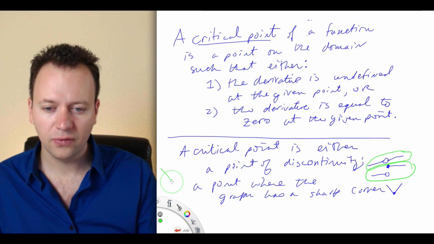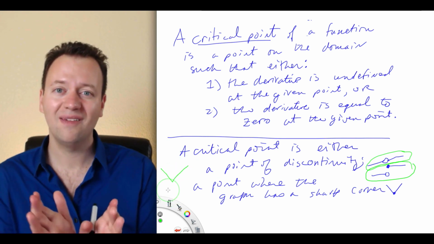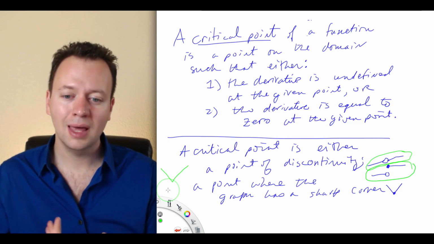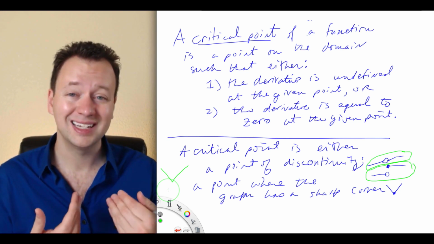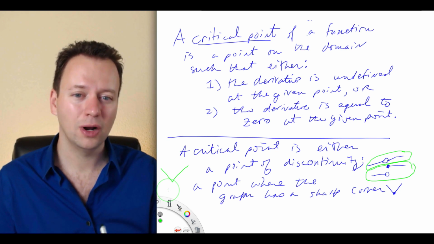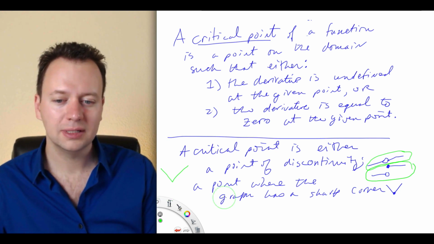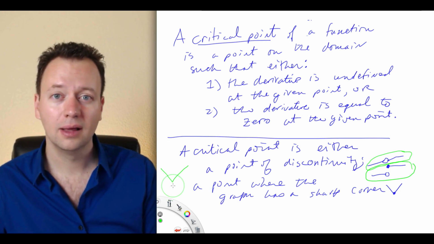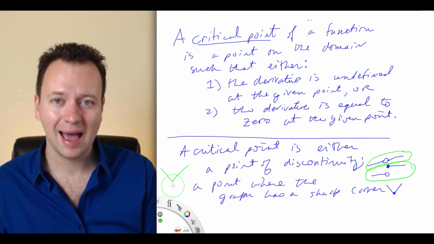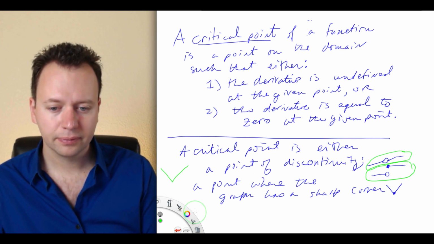So recall the absolute value of x just looks like that. And at the point x equals 0, we have the sharp corner. So that's an example where the function's continuous but not differentiable. So x equals 0 would be a critical point of the function absolute value of x.